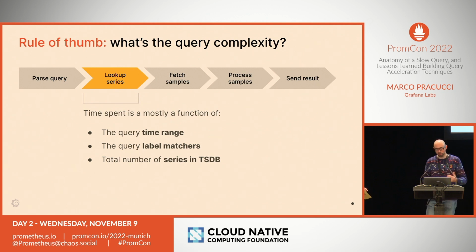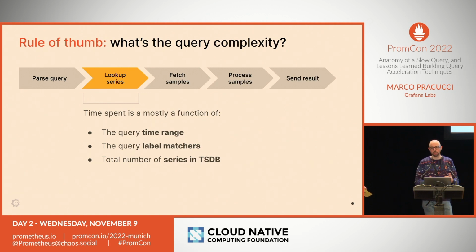I also would like to share with you what we see being the biggest factors which impact the query execution time. When it comes to looking up the series, which again means, given your label matchers, finding the matching series, most of the time spent is a function of the query time range, whether we are querying just 1 hour, 1 day, 1 week, 1 month.